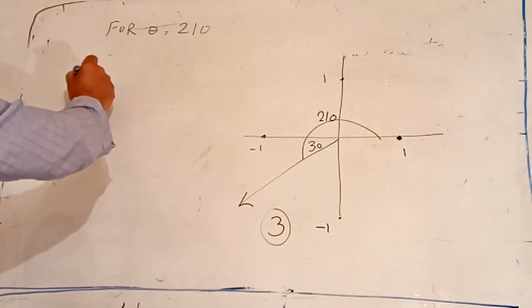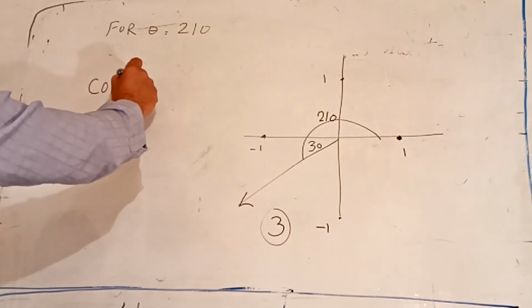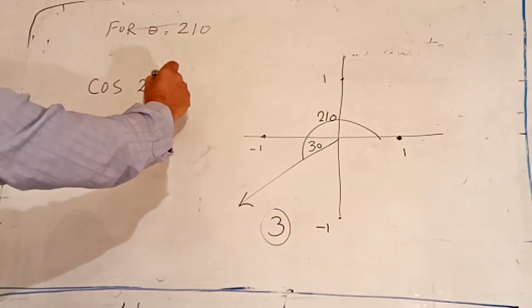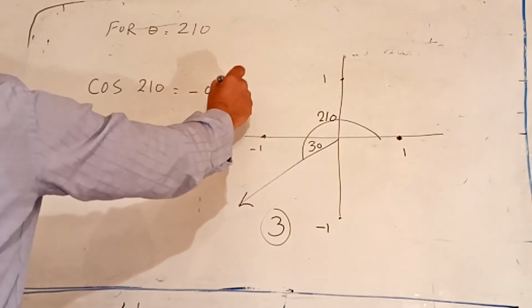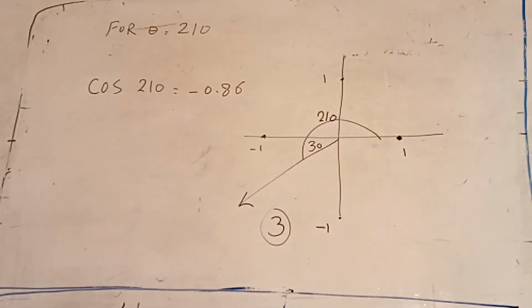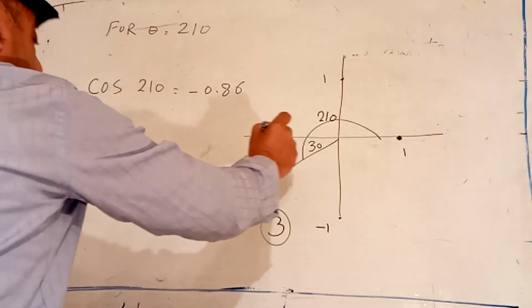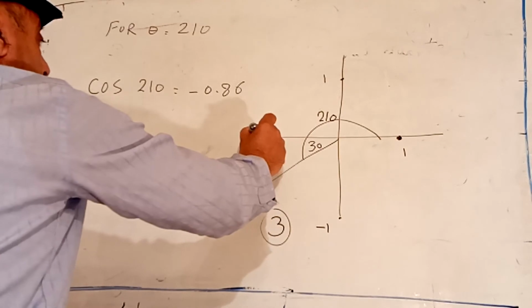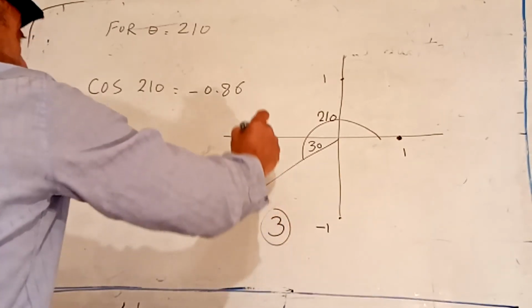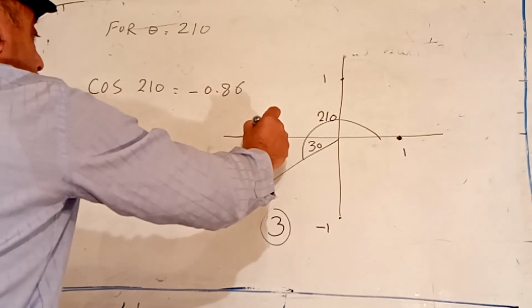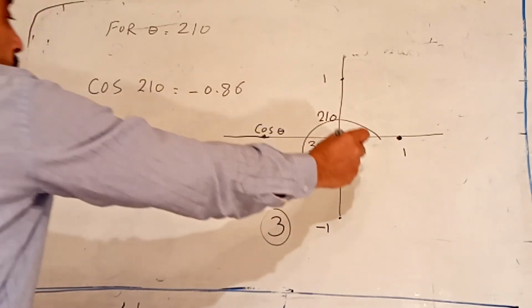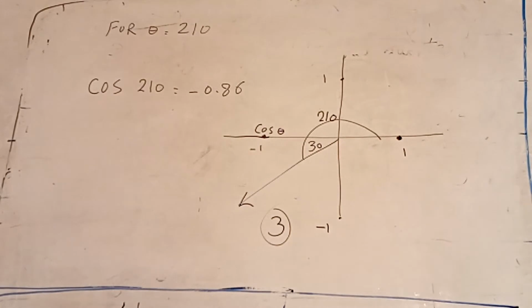Cosine 210 equal minus 0.86. But this one here, cosine is the x-axis usually, which is this value here. This is cosine theta. If we are talking 210, that's what you get in your calculator. But let's analyze it again.